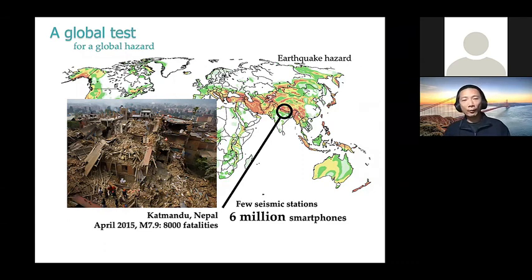That's why we think that if even a small fraction of them can be used for detection, that will be really great. This is our motivation: at places where they don't have seismic networks, we can build a dense seismic network using only smartphones.